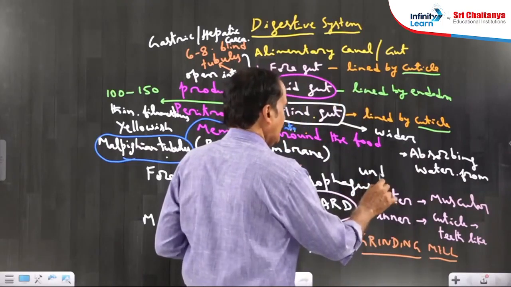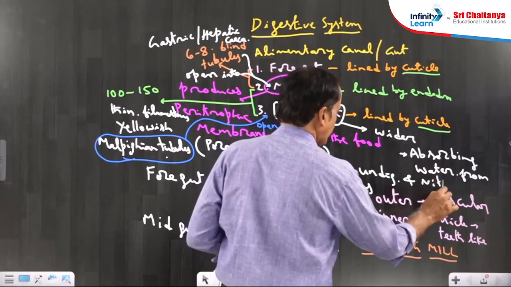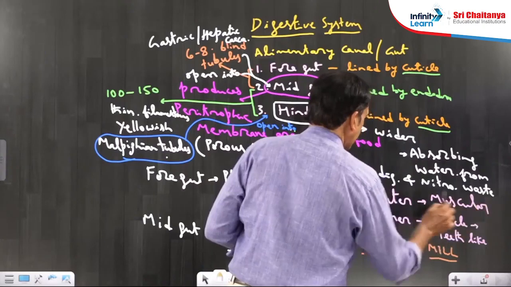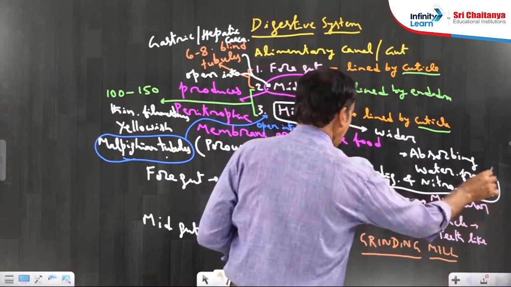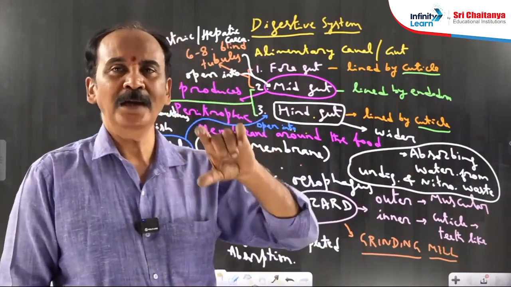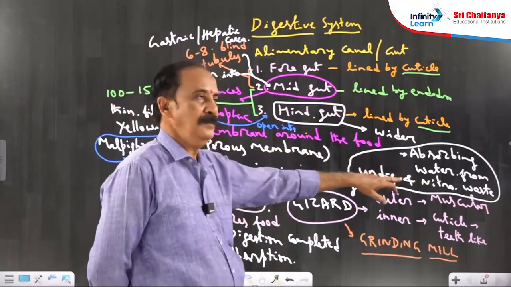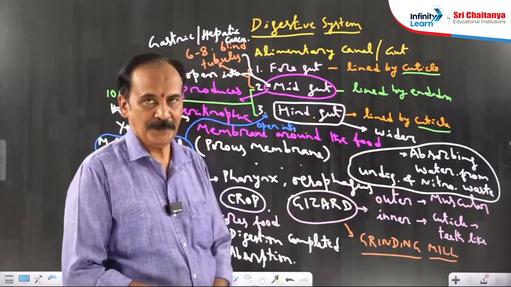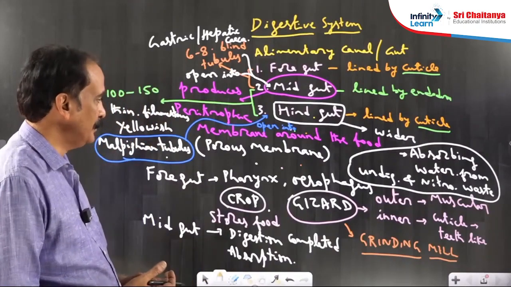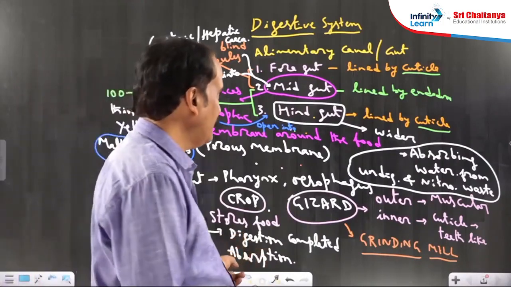You need to remember undigested waste and nitrogenous waste. The large intestine has a wider lumen. So these are the things you need to remember related to the digestive system, along with the structures connected with the alimentary canal and their functions.